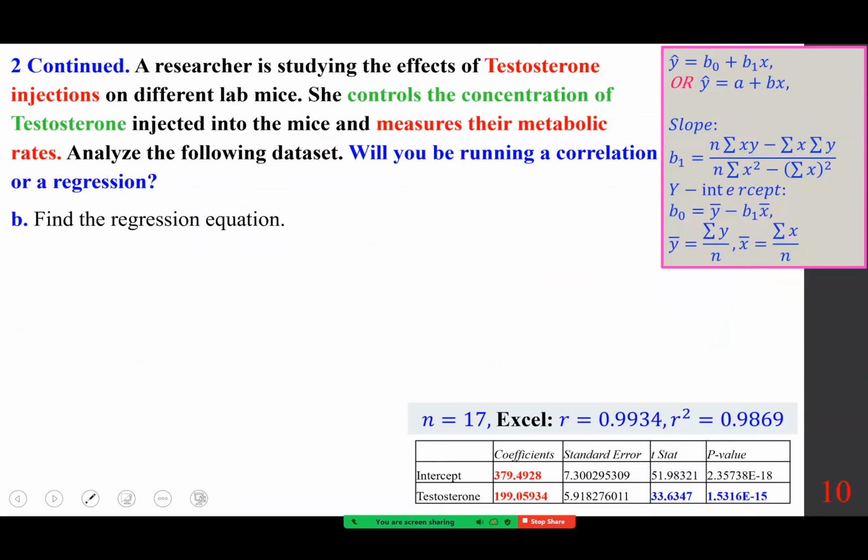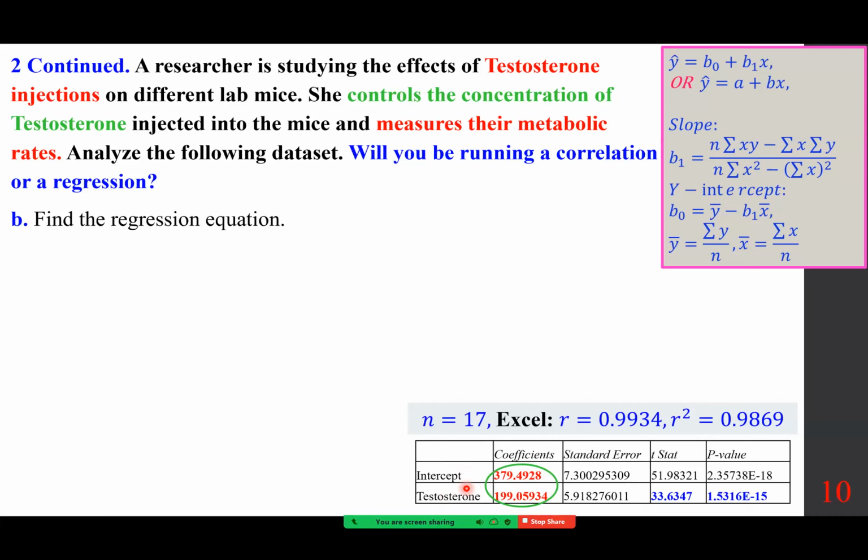All right. Now, same question. Want to find the regression equation. Remember we had this. This is the intercept. Those are the coefficients. So y equals mx plus b in essence.